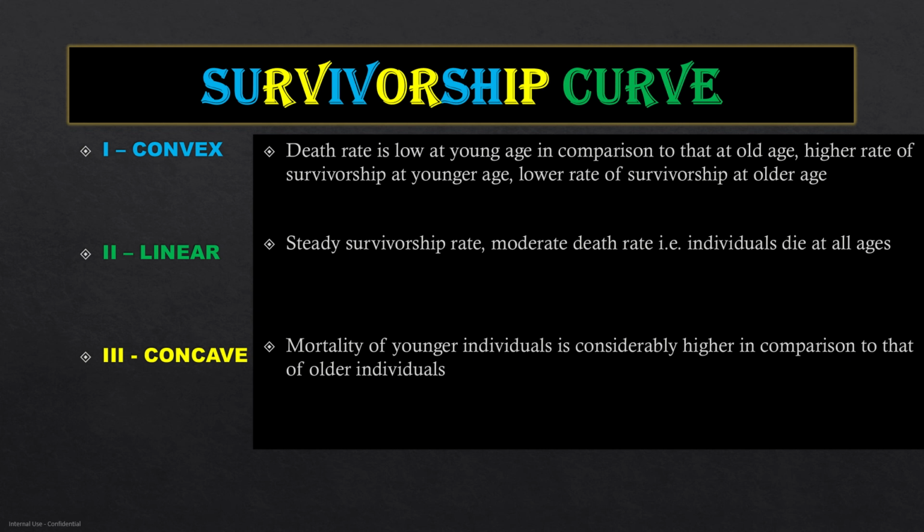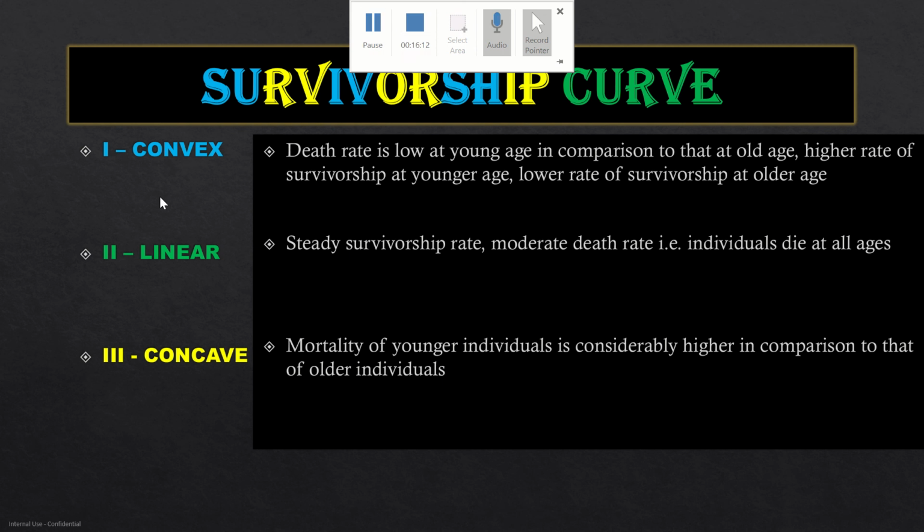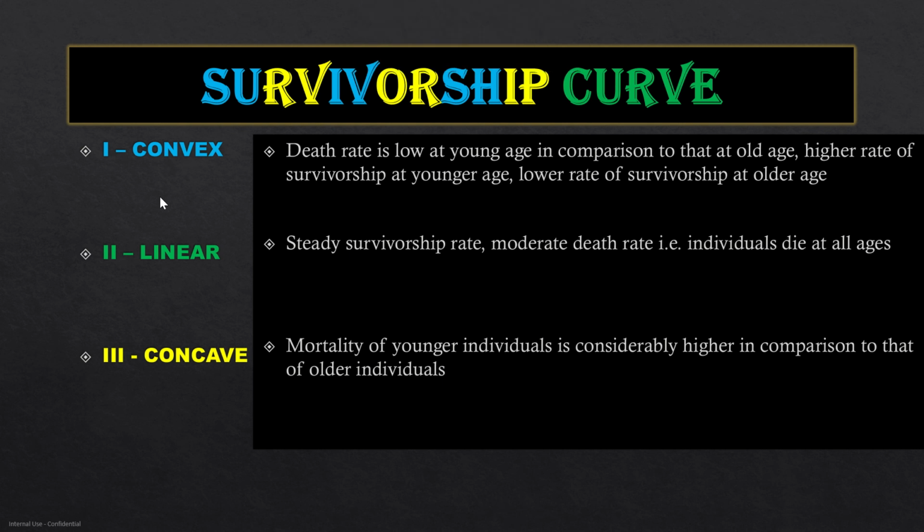So you can understand from the curve that the number of individuals surviving is high at younger age, and the rate of survivorship is lower at the older age. So as the individual is growing older, the rate of survivorship or survival is decreasing.